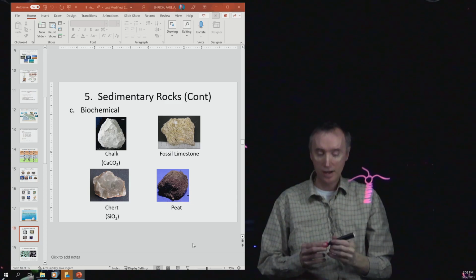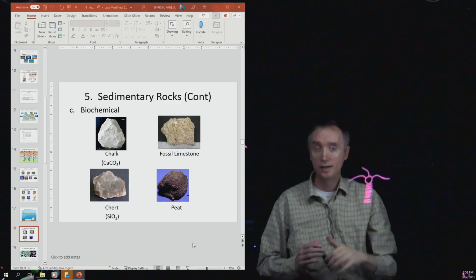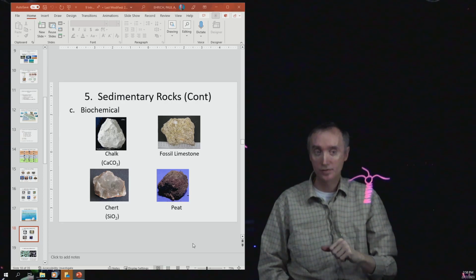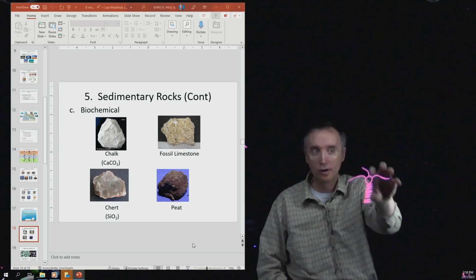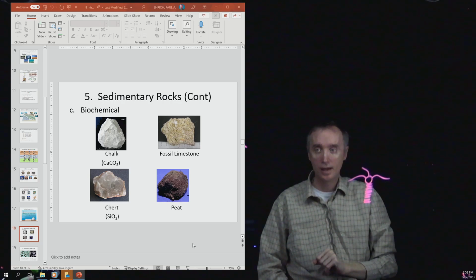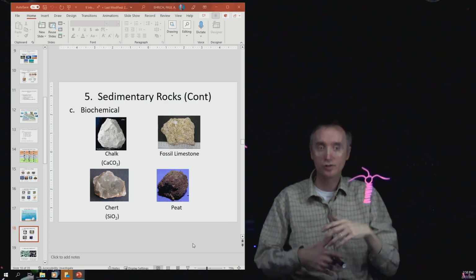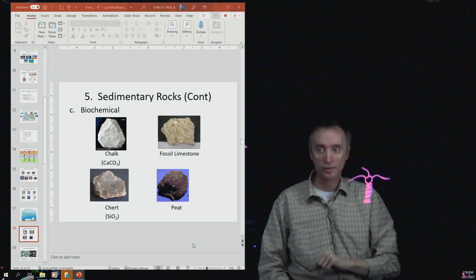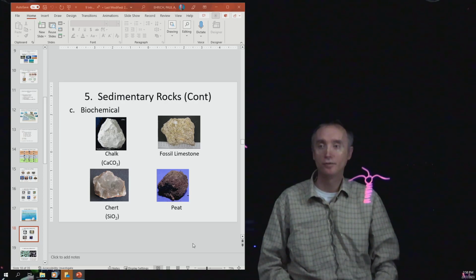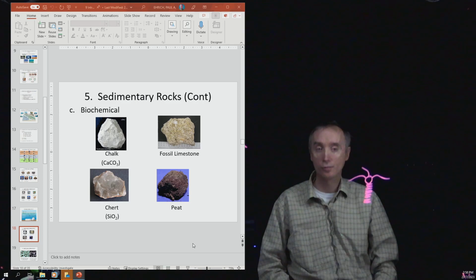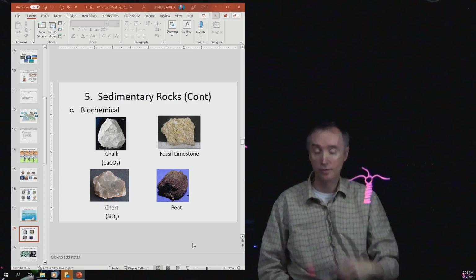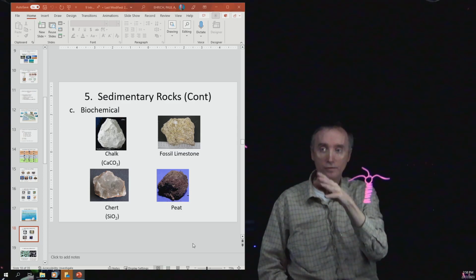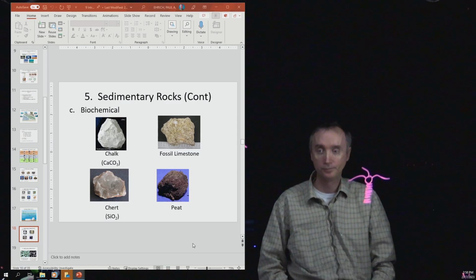But when they would die, they tended to die near a beach, so wave action would rip apart all of these pieces, and then when they were cemented together, it'd be just a jumble of these little disc-like things. So that's the major type of fossil that you find in southwestern Missouri, these crinoid things. And if you were to glue all this stuff together, you make fossil limestone from it.